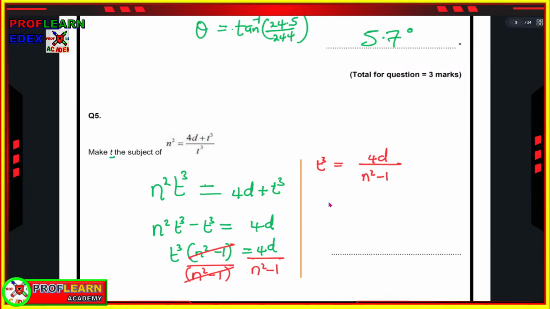For us to make t the subject, we find the cube root of whatever we have on the right hand side, and we've made t the subject of the formula in that case.